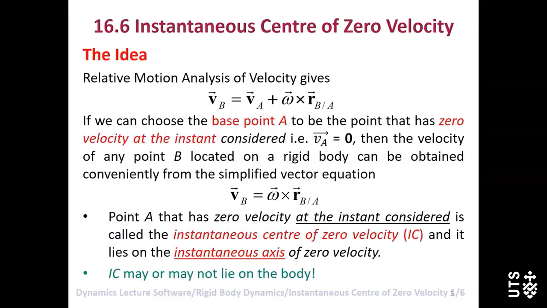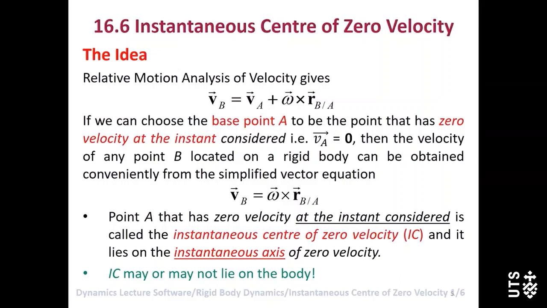In week 2, when we use this equation to solve some problem, we have already known how to select these 2 points. But here you can see, for this base point A, is it possible for us to select a point A, and this point A, its velocity is 0.